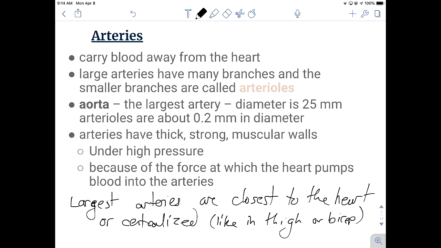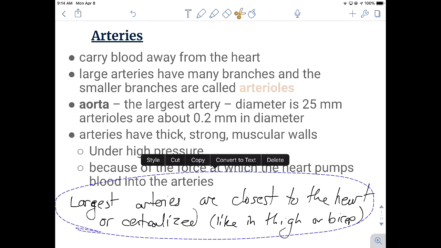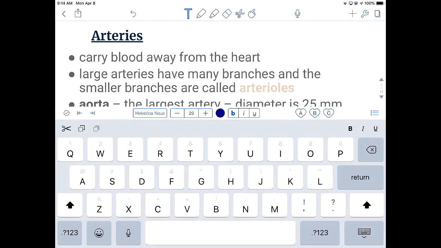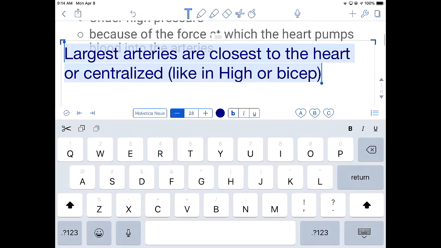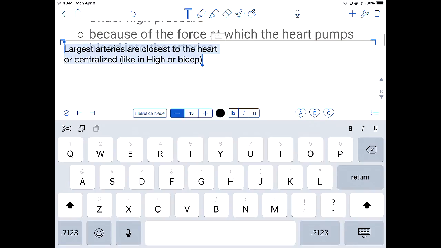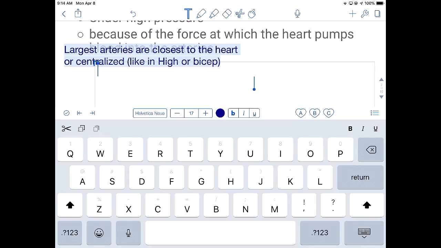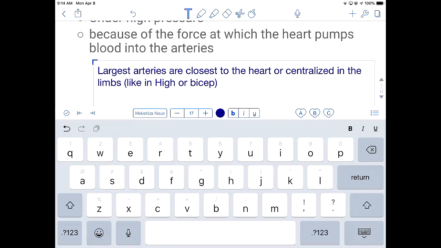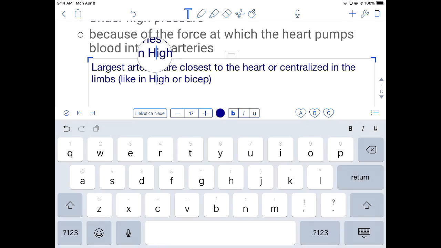So there's also another really large artery up in the bicep. There are these larger arteries that funnel to the larger organs. That's not high, it's thigh.